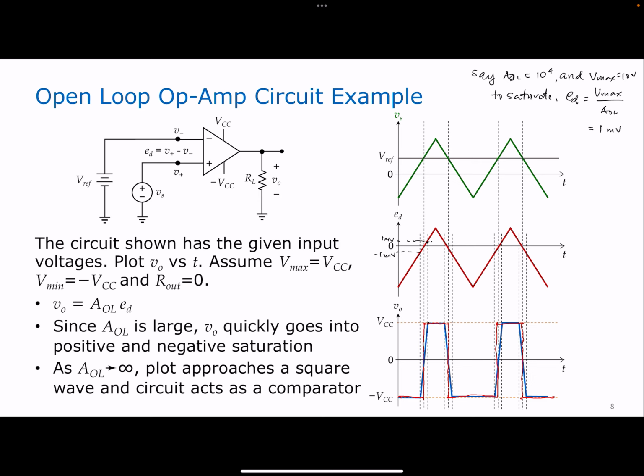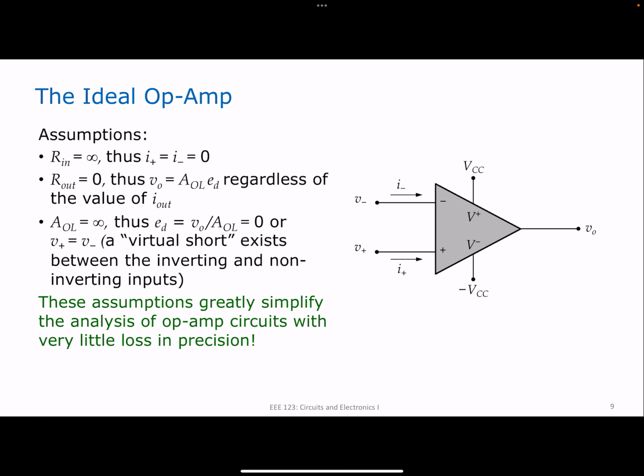Your output current increases if your load resistance decreases. But if you have no output resistance here, there will be no voltage drop coming from the voltage controlled voltage source, and V sub O will always be equal to AOL ED.